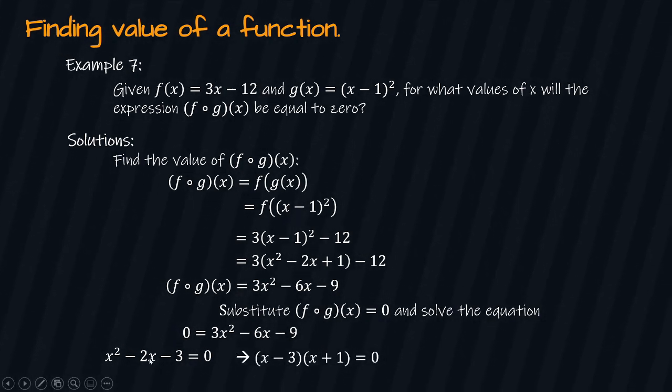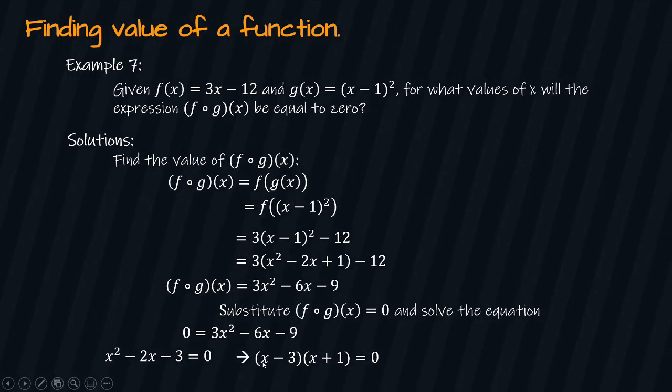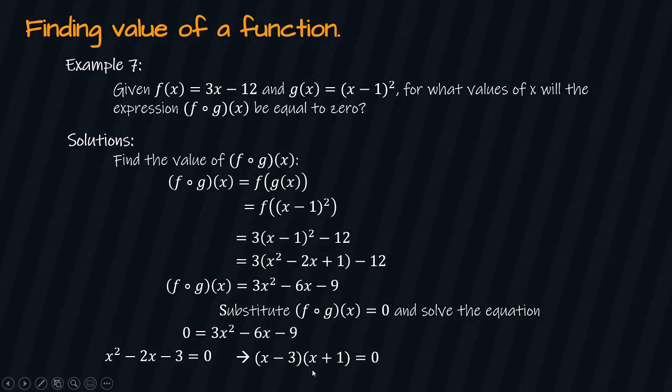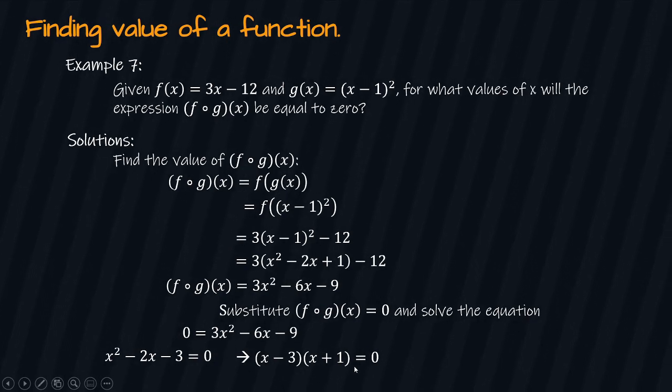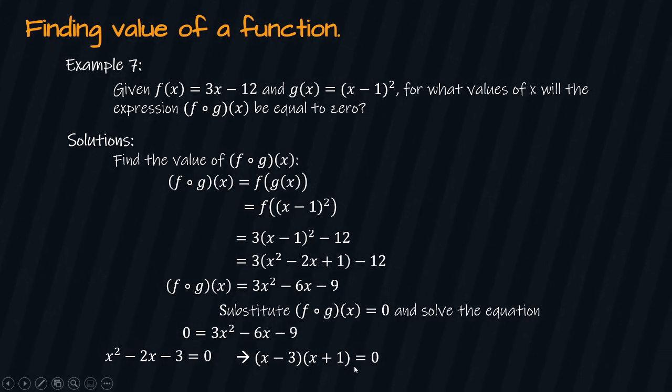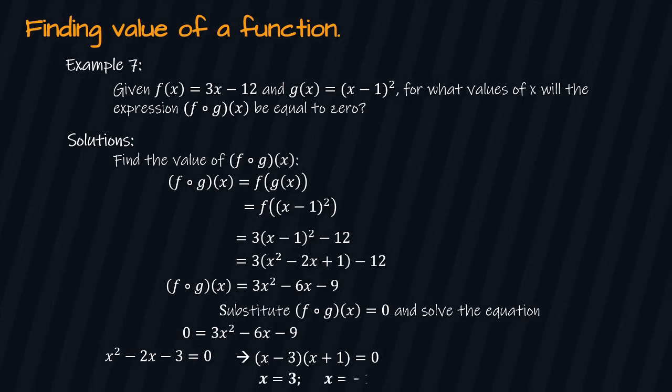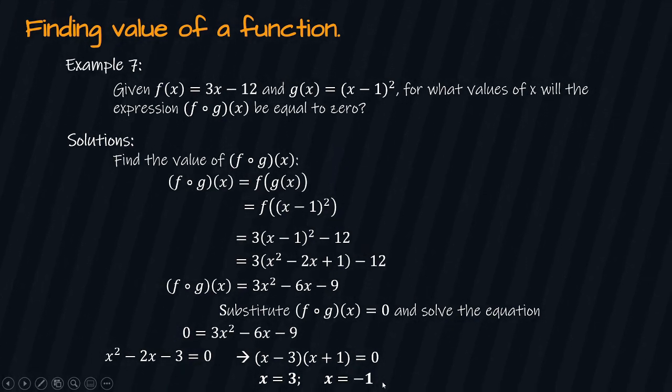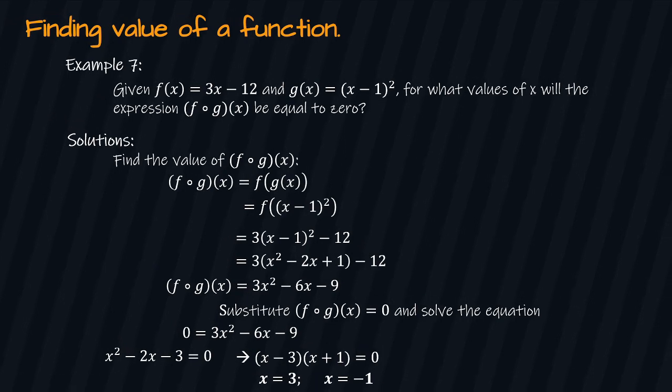Factoring x squared minus 2x minus 3 is equal to x minus 3 and x plus 1. So by the zero product property, we have x equals to 3 and x equals to negative 1. These are the final answers.